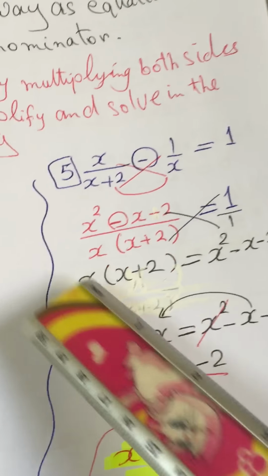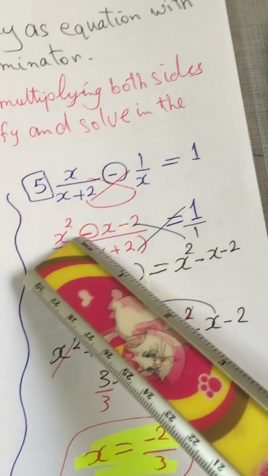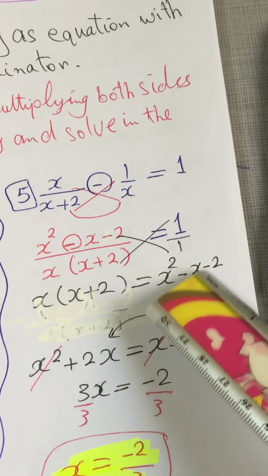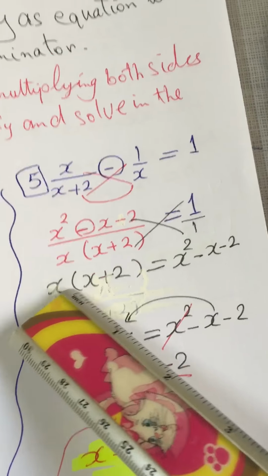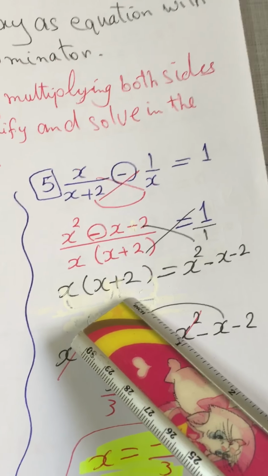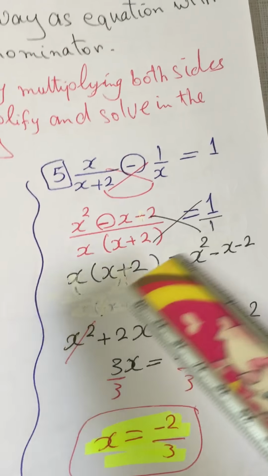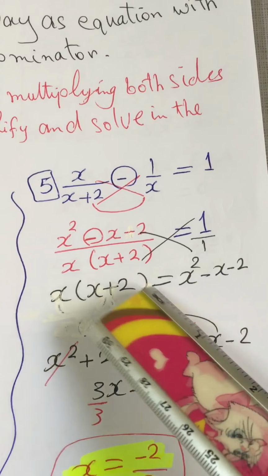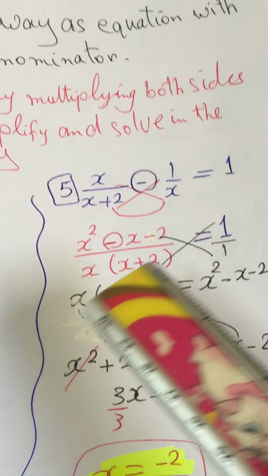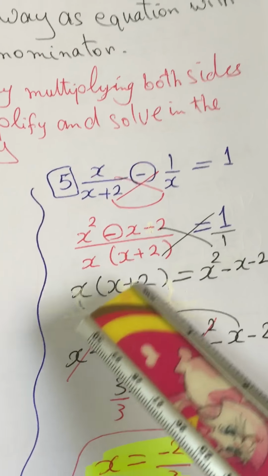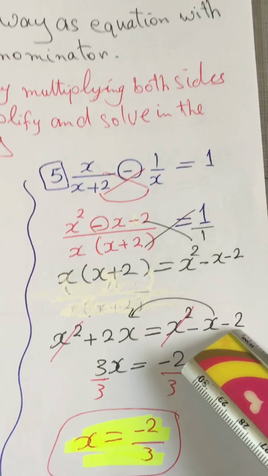Now I can make cross multiplication. So this side, x square minus x minus 2, equal that 1, x multiply x plus 2. We can put this on the left side and this on the right side, no problem, with equal between them. Now I distribute: x times x equal x square, x times 2 equal 2x, equal x square minus x minus 2.